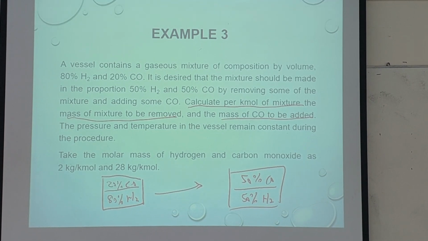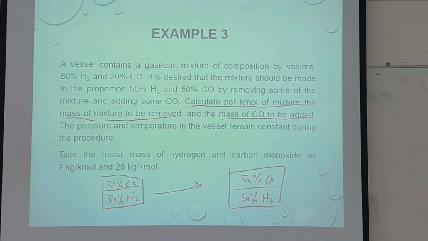It means that whenever you remove the mixture, you are removing both CO and H2. You are not just removing H2 and adding CO. So that is the complicated part. When you remove, you remove the whole thing, but when you add, you're only adding CO.